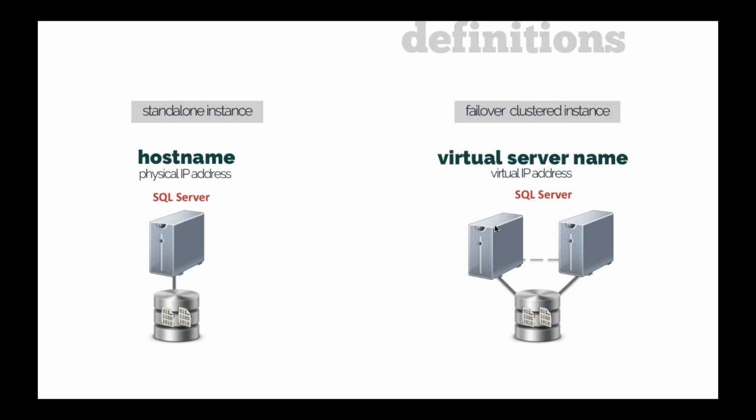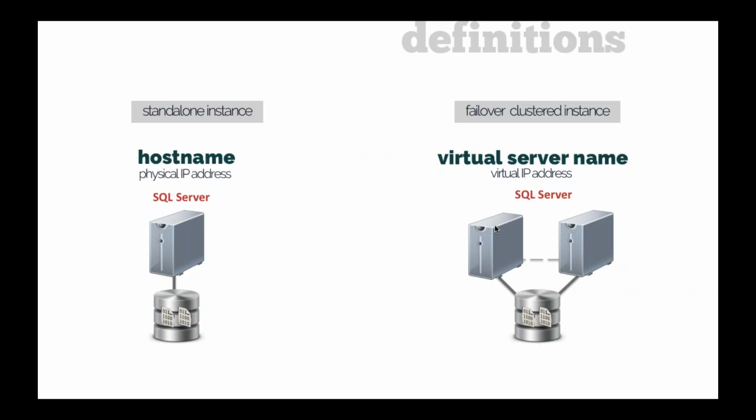As I mentioned earlier, the virtual IP address and the virtual server name are not tied into just one server or one node in the cluster. It moves back and forth between the members of the cluster.